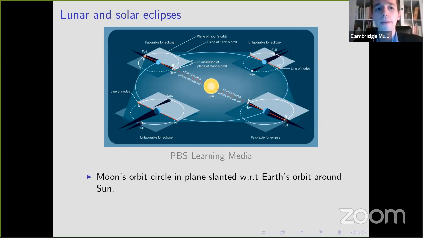I would like to elaborate on the lunar and solar eclipses. We recall that the moon's orbit around the Earth is in a circle, and this circle is in a plane that is slanted with respect to the plane of Earth's orbit around the sun.